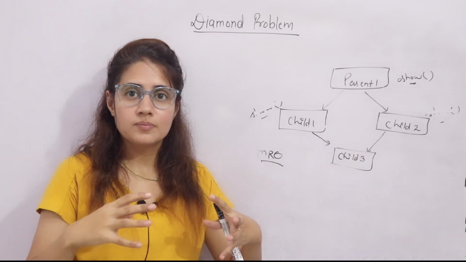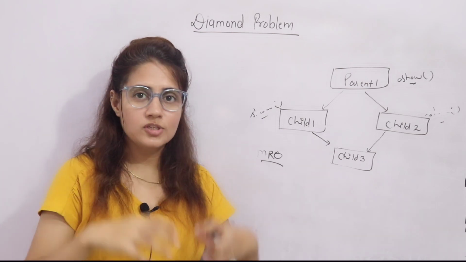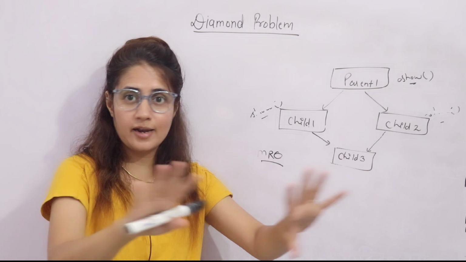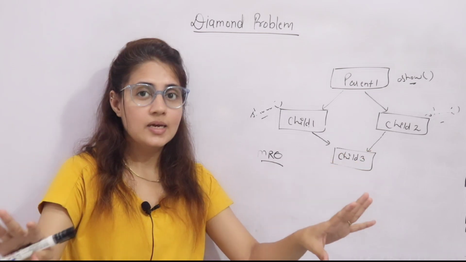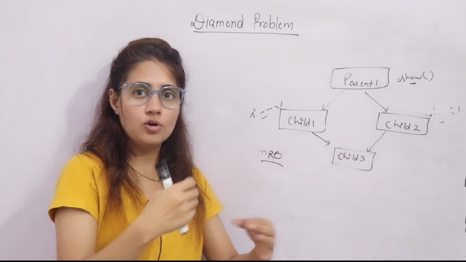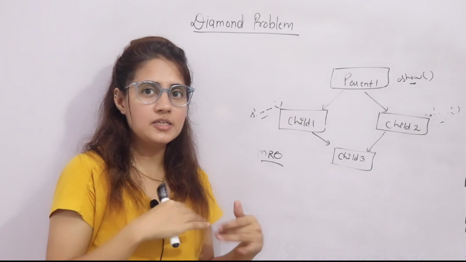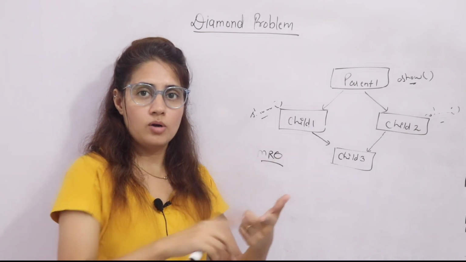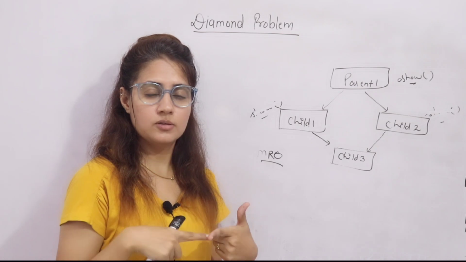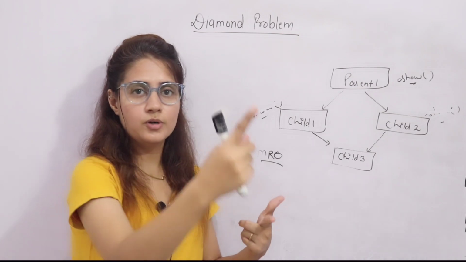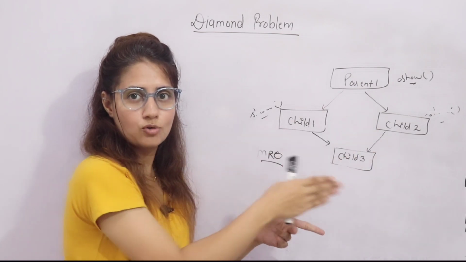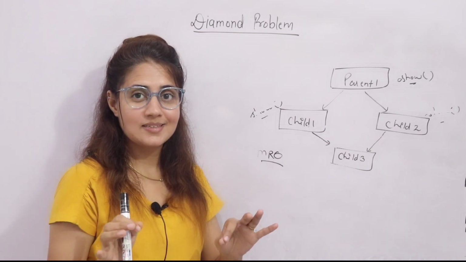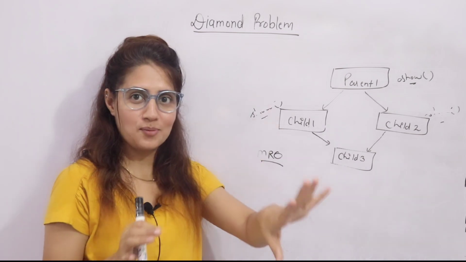To solve this problem, I'll say please be seated at your seats, and I'll call your roll number, and accordingly you will come and submit your assignment. Means first I'll say roll number 1, roll number 1 will come and submit his or her assignment, then roll number 2, then roll number 3, roll number 4, like this. So I have used the roll number technique, the method, right, to solve this problem.